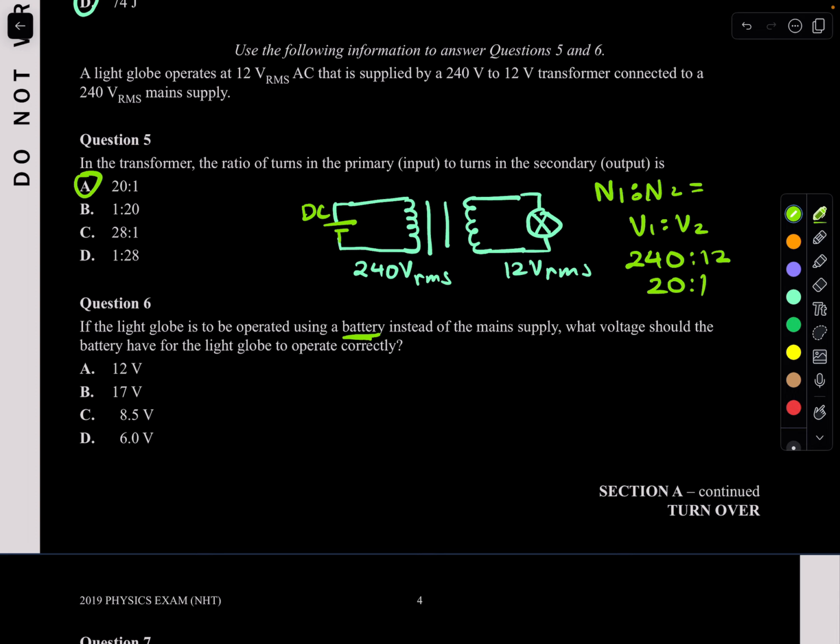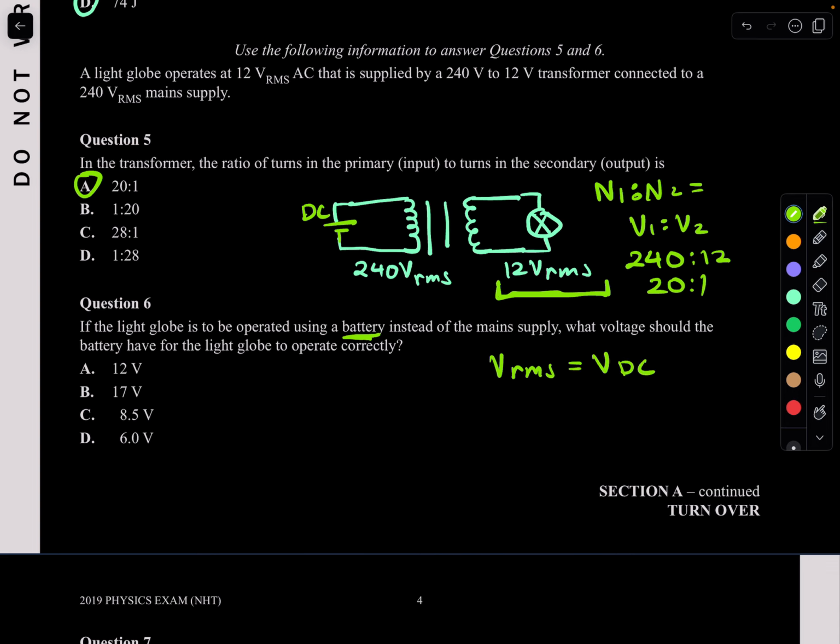Nice and easy. So we need 12 volts RMS for the light to work properly. And you should know that the voltage in RMS is actually equal to the voltage in terms of DC.